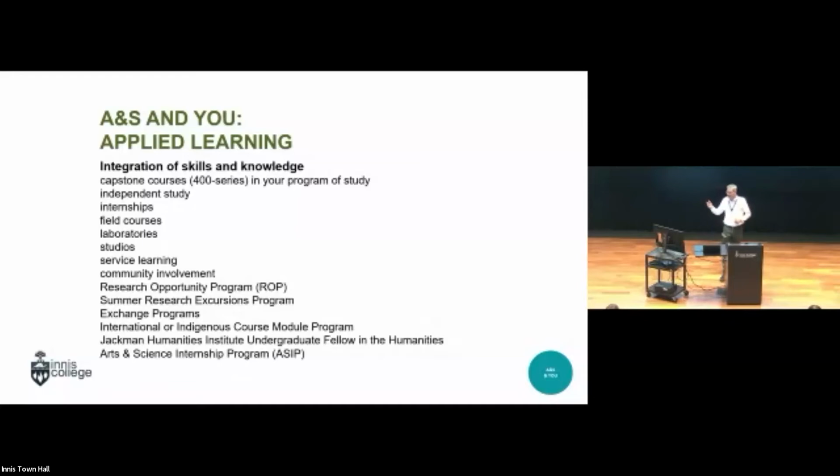There's the Jackman Humanities Institute undergraduate fellowship in humanities, which Charlie could probably at some point answer more questions about since he's been a Jackman Humanities Institute scholar. And then we also have, I put it last because it's a very long list, ASIP, which is the Arts and Science Internship Program. Some of you have heard of Professional Experience Year. Professional Experience Year is now folded into the Arts and Science Internship Program.